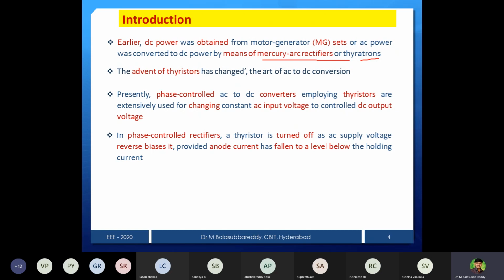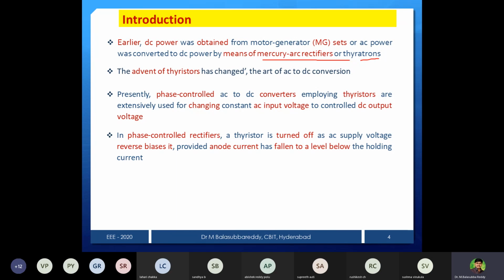In a phase control rectifier, the AC supply voltage reverse biases the thyristor, so the thyristor will be turned off as the AC supply voltage is reverse biased. That means during the negative half cycle, the thyristor will be turned off, or the current through the device goes to 0.